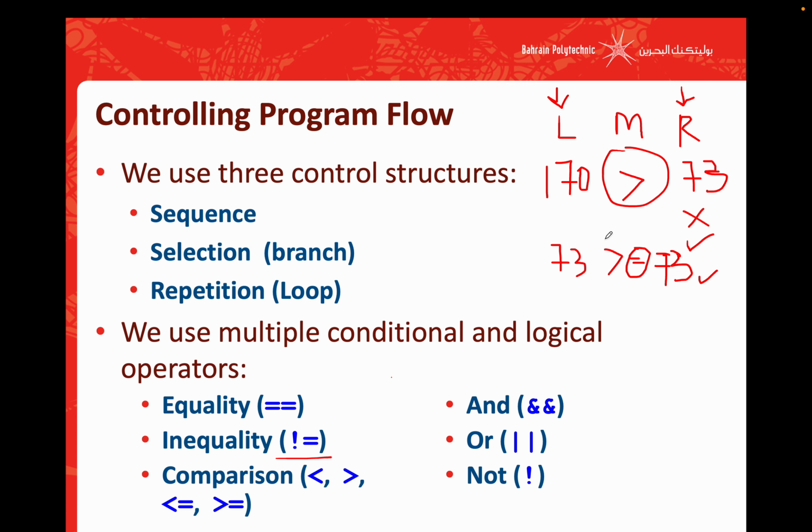When you have two of these comparison operators joined together, either condition can be true to make the whole condition true. And similarly I can write 73 less than or equal to 73, which again, 73 is not less than 73, but it is equal to, so in this case also it will give you true.